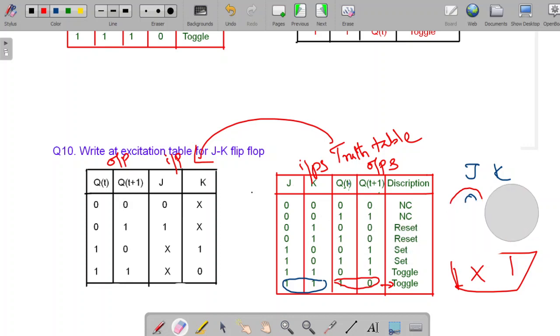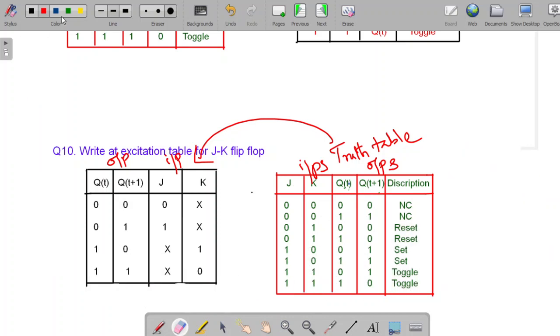Now we go for the fourth combination. What is our fourth combination? The fourth combination is 1 1. That means Q(t) is 1 and Q(t+1) is 1. On that condition, here you go and check, this is 1 1, right? Q(t) and Q(t+1). Similarly here also it is 1 1. This corresponds to no change, this corresponds to set. Then we look into that input combination, that is 0 0 for JK and similarly 1 0 for JK.